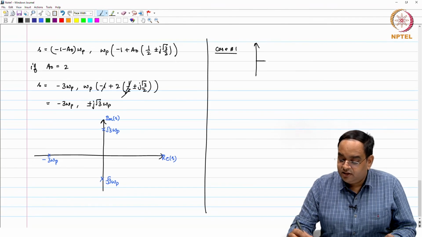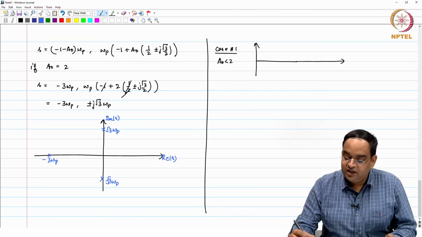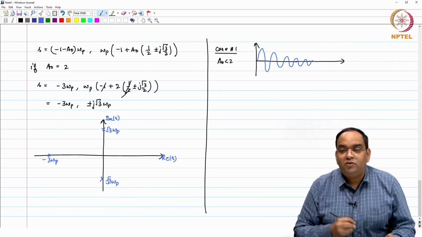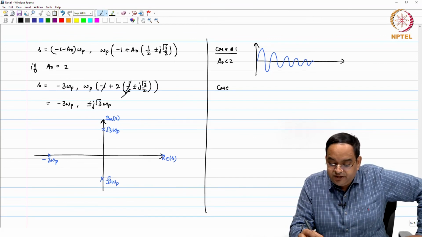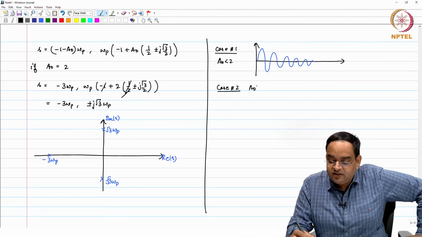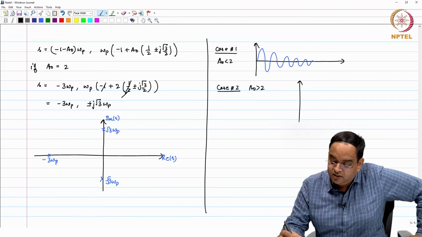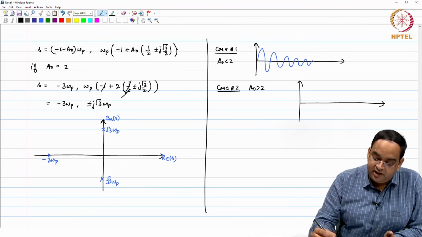In case A naught is less than 2, case 1, there may be oscillations, but those oscillations will die down at V out. Okay. If you take case 2, where A naught is greater than 2, you can very well get it from here.